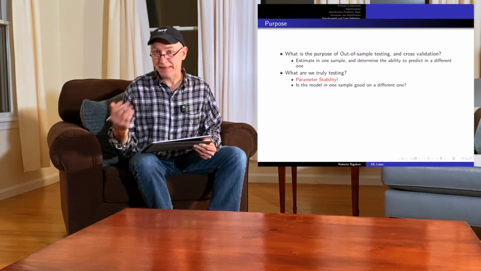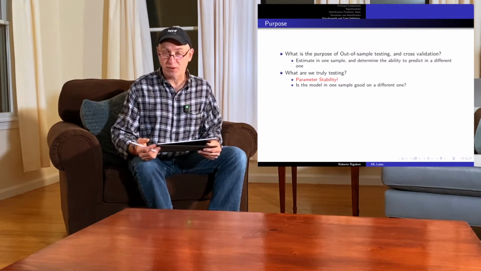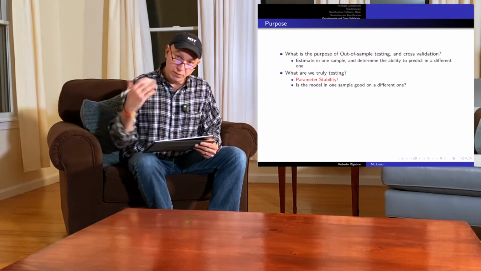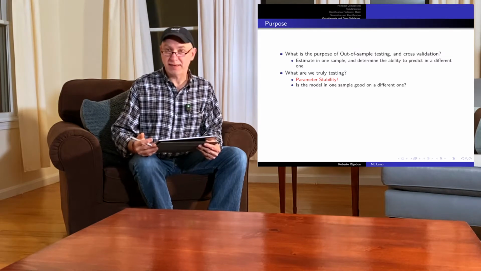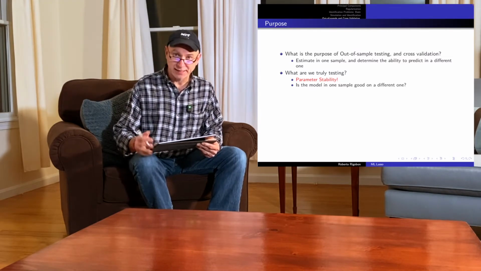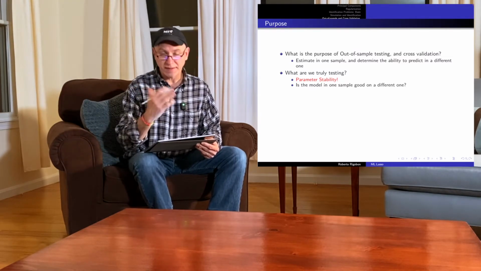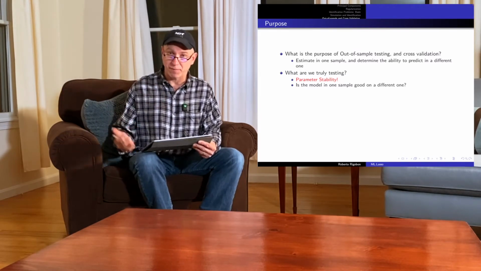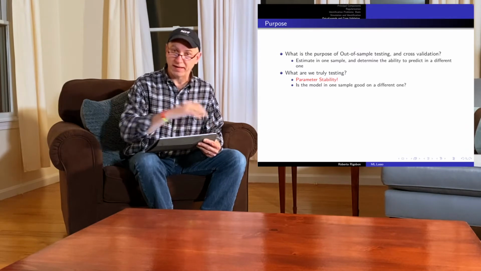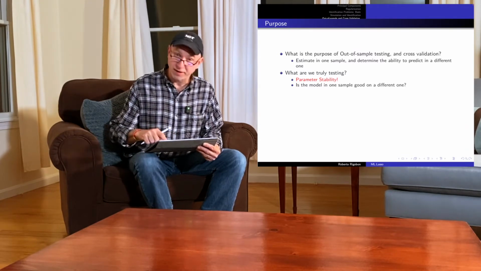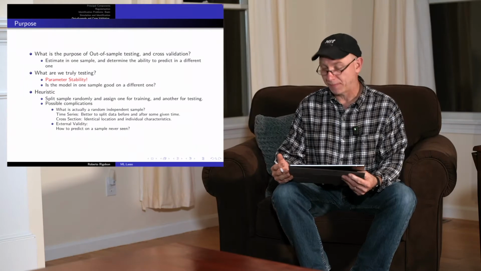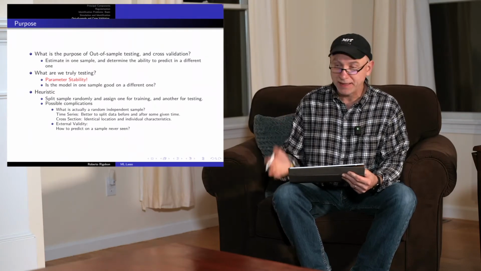So the fact that the model is not stable, in this case, is explained by the fact that the two samples are different. So when we construct these testing and training data sets, it's important to understand what their characteristics are, to be able to understand whether or not we can extrapolate the approximation in one data set to the prediction on the other.